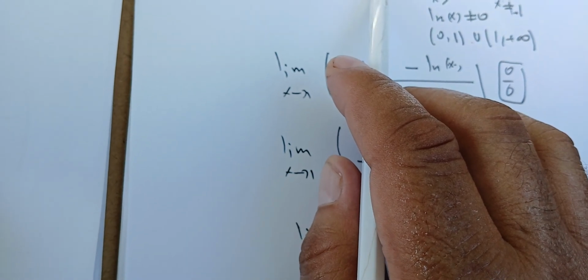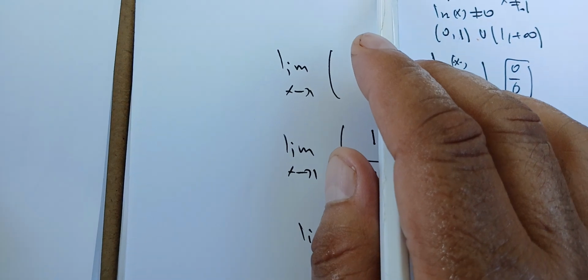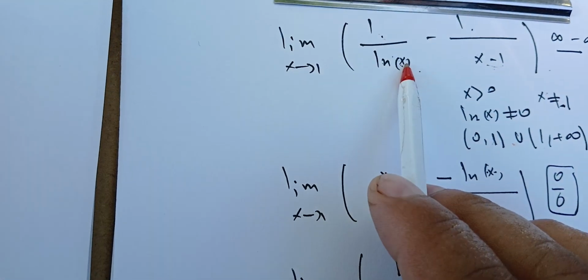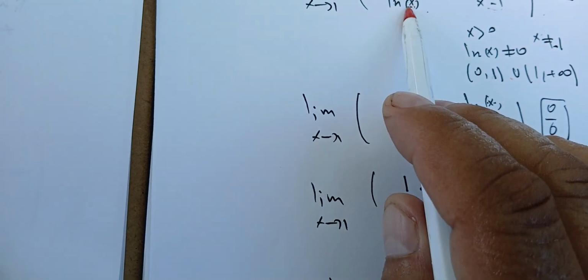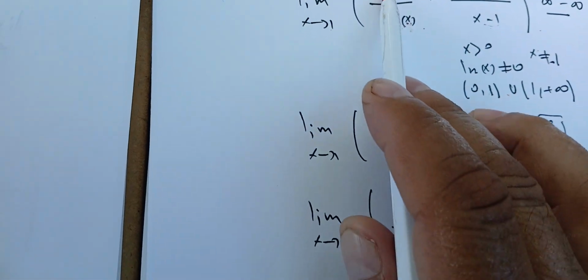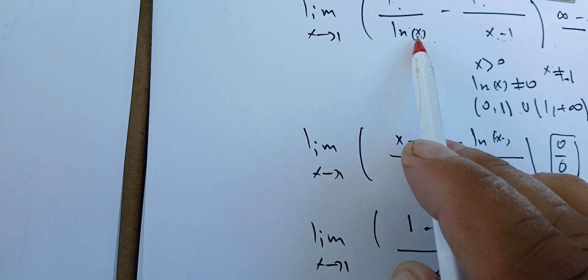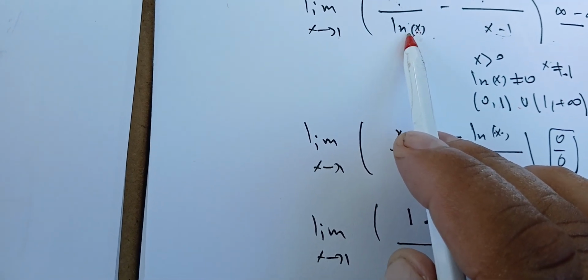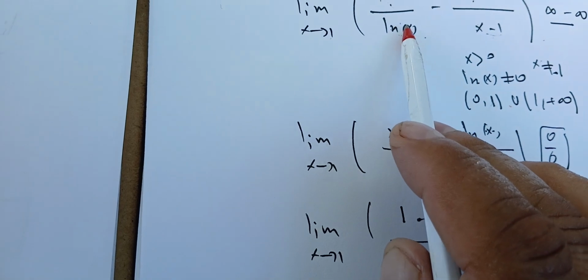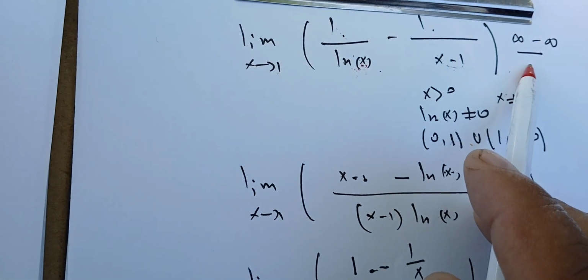When we get here, this goes to infinity. If we go to 1 from the right, we have 1 over 0 positive, so we have plus infinity. If we get there from the left, we have minus infinity, and here plus infinity, and still we have the same problem.